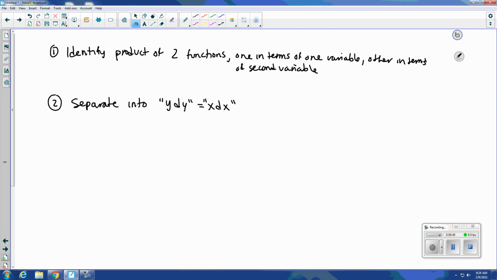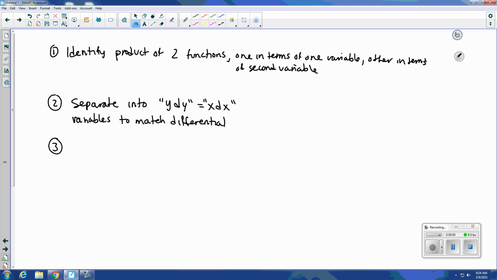Or if you're dealing with other variables, so be it. But just separate the variables to match the differential. Remember, the differential is the dx or the dy piece.